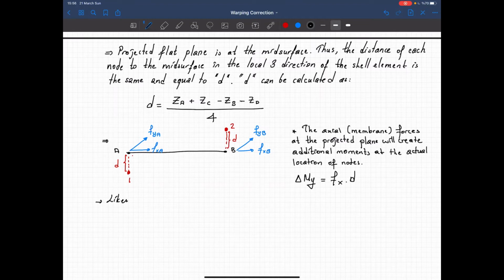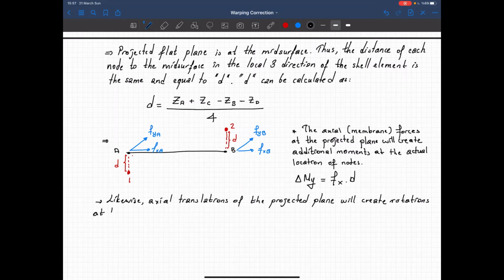You can say that likewise axial translations of the projected plane will create rotations at the actual location of nodes, that is at 1 and 2.